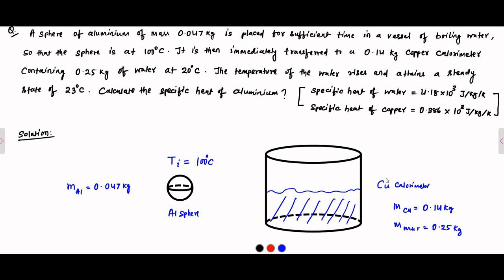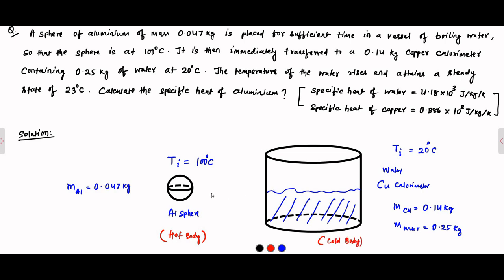The copper calorimeter and water are initially at a temperature of 20 degrees Celsius, and the aluminium sphere is initially at 100 degrees Celsius. So the aluminium sphere is the hot body, and this water and calorimeter combination is the cold body, because it is at a lower temperature.